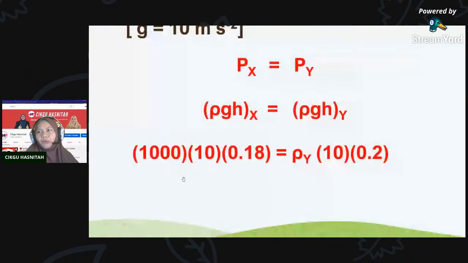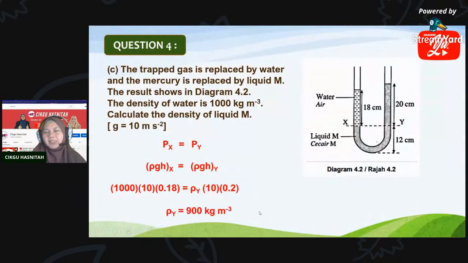Please find rho Y. Okay, so rho Y is 900 kilogram per meter cube. Remember, the unit for density is kilogram per meter cube. Water is 1000 and liquid M is 900 kilogram per cubic meter.